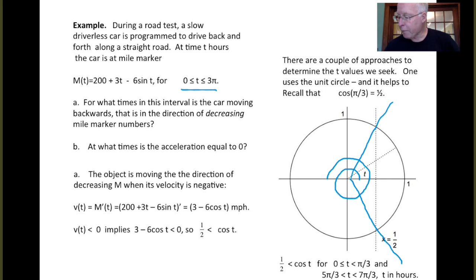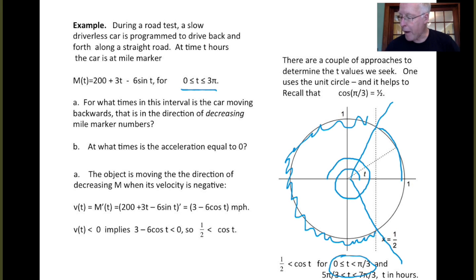We see we want, first of all, starting from 0, we can go up to pi over 3. And so all the angles from 0 to pi over 3 are going to be included, not pi over 3 itself, because we want cosine to be bigger than 1/2. After that, over here, the cosine is less than 1/2. It flips to bigger than 1/2 when we get to this angle. We've gone around the circle almost the whole way in the positive direction. We're now at the angle 5 pi over 3.